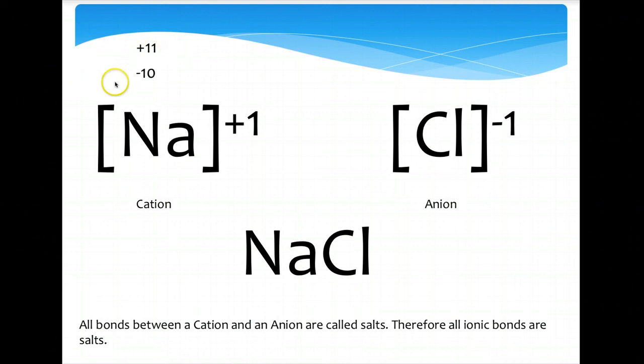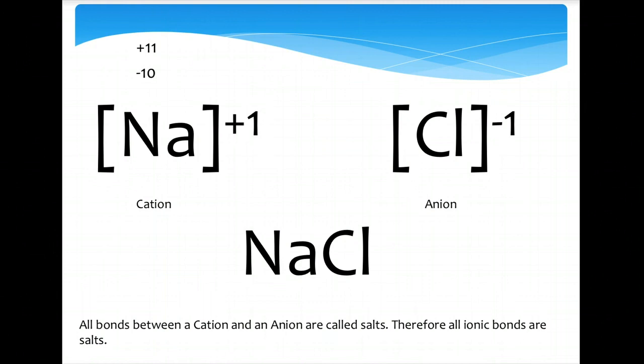After it donates the electron, it now only has 10 electrons. It has 2 in the first shell and 8 in the second shell, so that's 10. So if we take the difference between these numbers, 11 and negative 10, negative being the negative electrons, we see that it has a positive 1 charge.